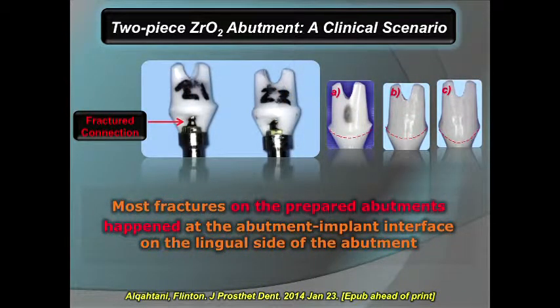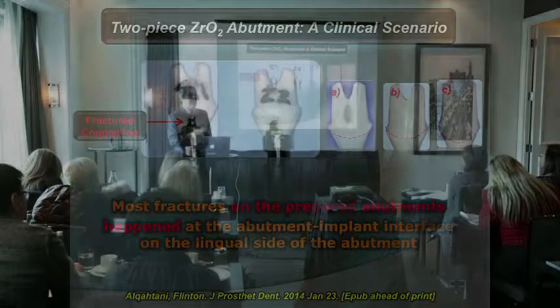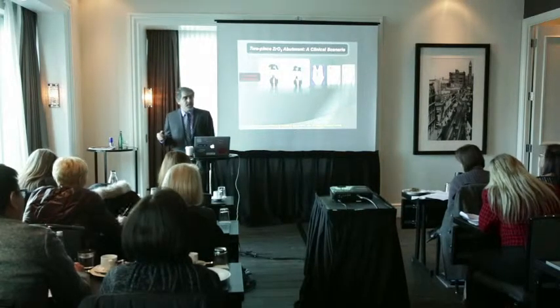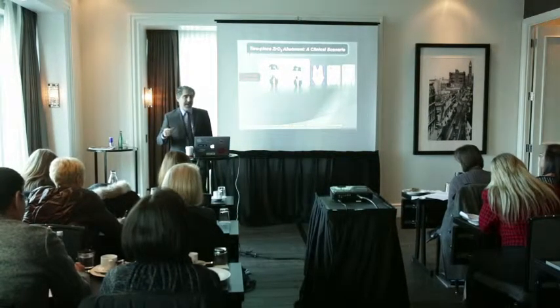If your technician is going to use the two-piece zirconia abutment, we need to know that the lingual, especially for the front ones, we always use it for the front ones, the lingual neck of the zirconia abutment is the weakest spot. So the technician does not need to grind anything, does not need to take away anything from the lingual side, just make sure that we have enough thickness in that area.